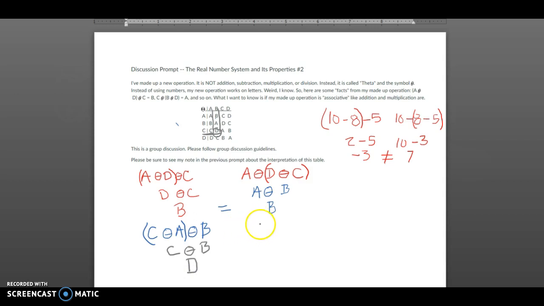So same exact problem: C theta A theta B. Do it with those two first. So I do the A theta B first.